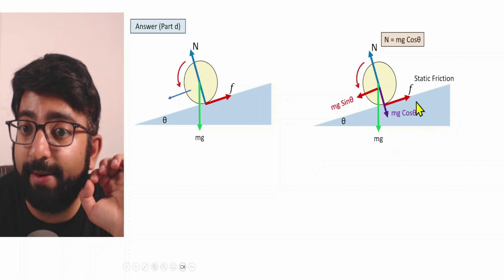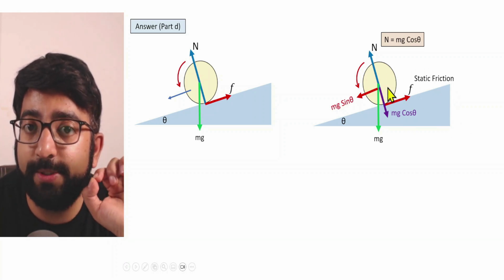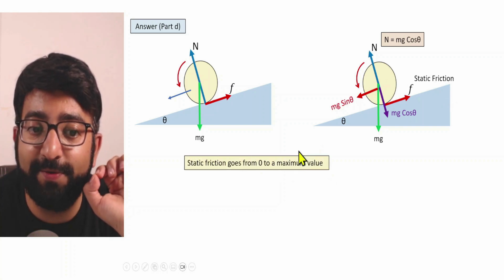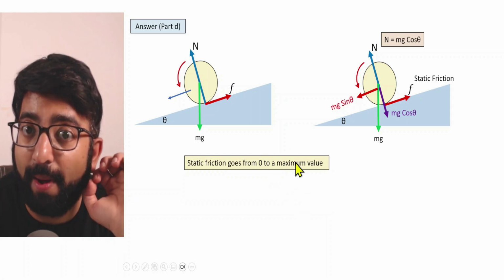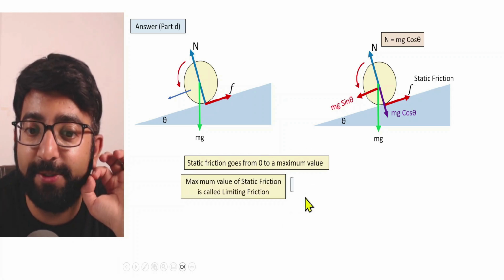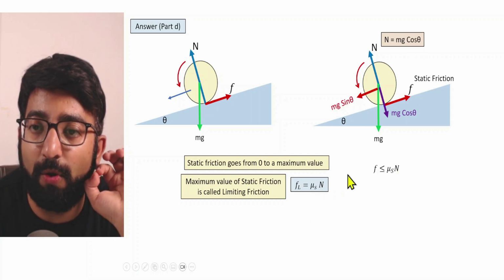Please note, the friction acting on the wheel will be static only till the time the wheel is rolling without slipping. And according to the definition of static friction, it goes from zero to a maximum value. That maximum value is called limiting friction, whose formula is F_l equals mu N, and N in this case was mg cos theta.